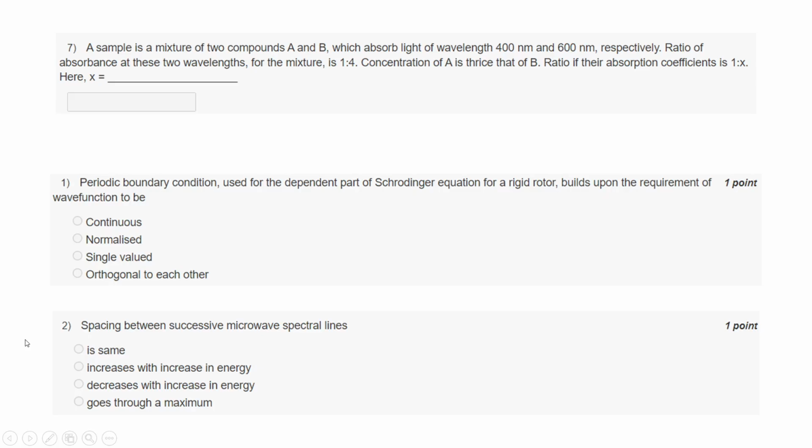Question number 7. This is, I think, a good question. Good question because, again, a sample is a mixture of two compounds A and B, which absorb light of wavelength 400 nanometer and 600 nanometer, respectively.